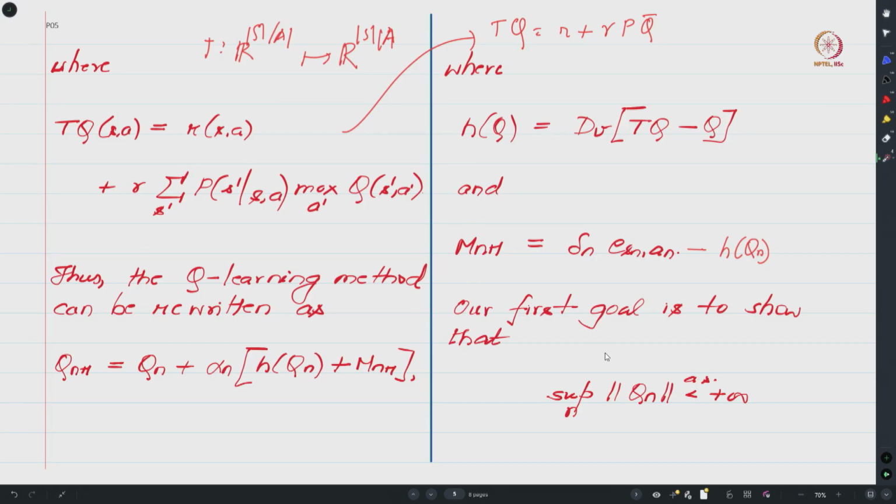Right, now that is one of the assumptions that we had made, and in this class we will establish this condition, and in the next class we will focus on the asymptotic behavior of the limiting ODE that is associated with your Q learning algorithm that is given over here. So let us see how we can establish this.